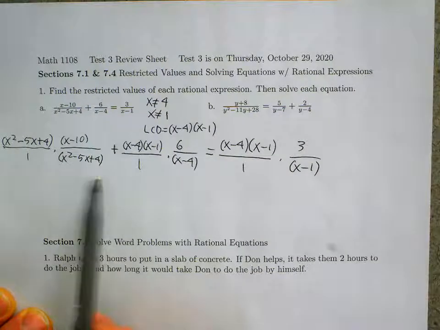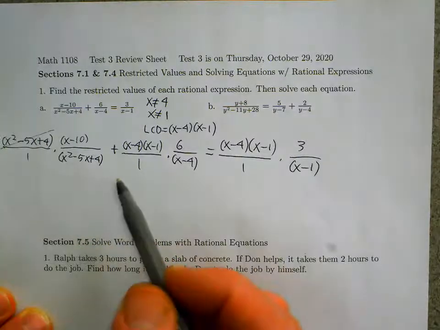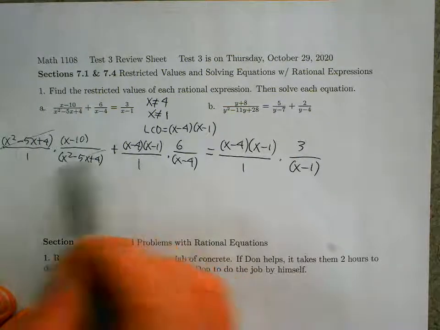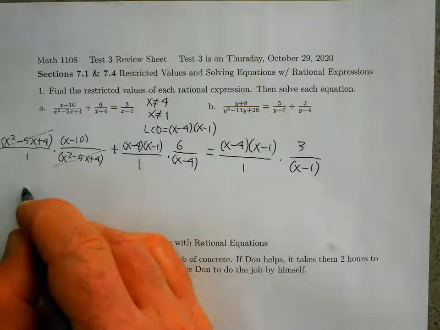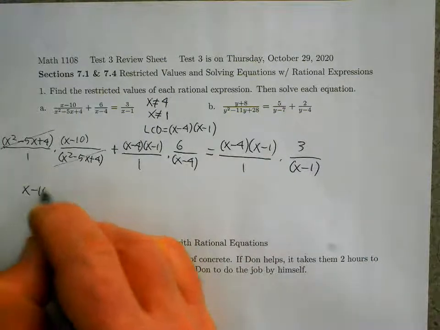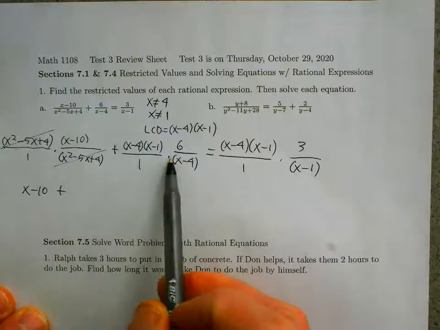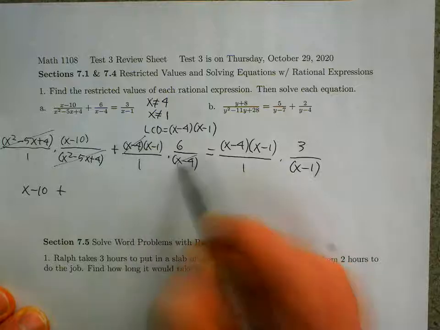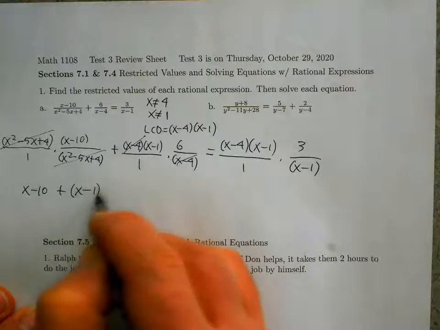So we get a bunch of cancellations on the left-hand side. x squared minus 5x plus 4 divided by x squared minus 5x plus 4 equals 1. So we're just left with x minus 10. Then in the next product, the x minus 4 factors cancel, so we're left with plus x minus 1 times 6.